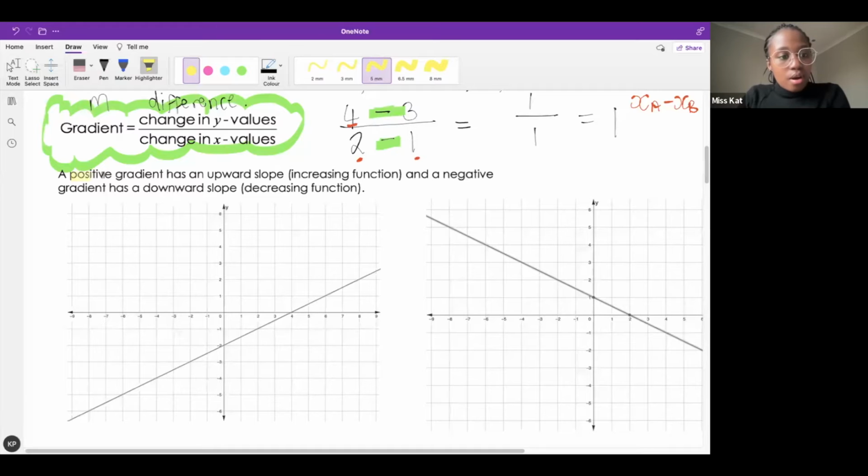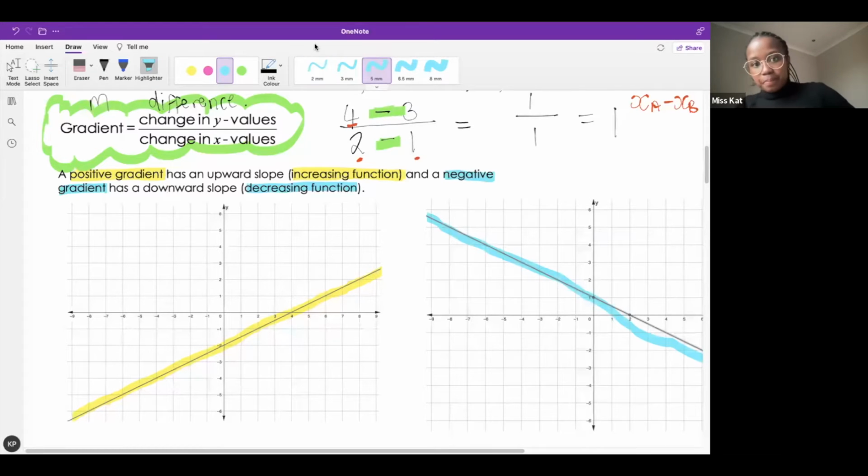So if you get a positive gradient, that means you have an increasing graph, which is this one over here. I hope we all remember increasing, decreasing graphs. And if you have a negative gradient, then your graph will be decreasing. So it will look like so. Okay, pretend that was straight.